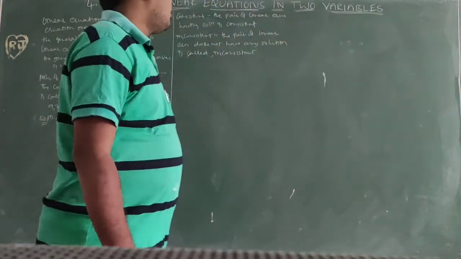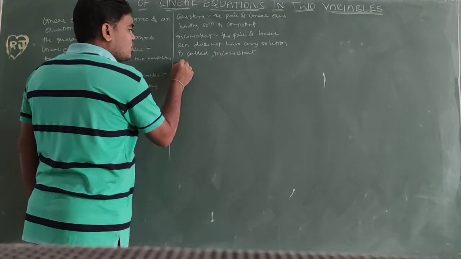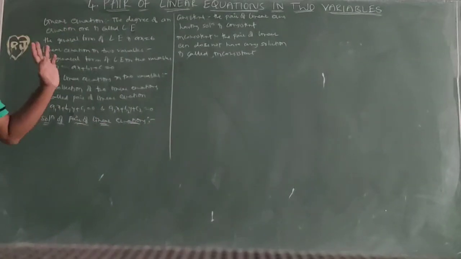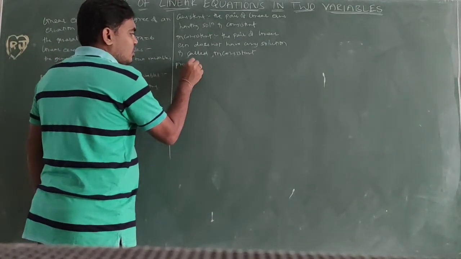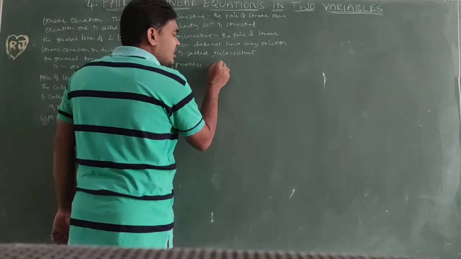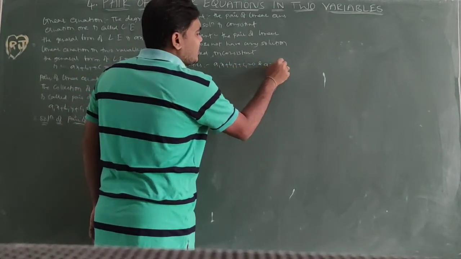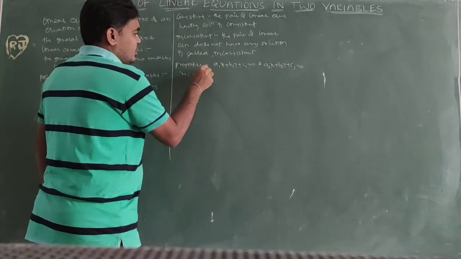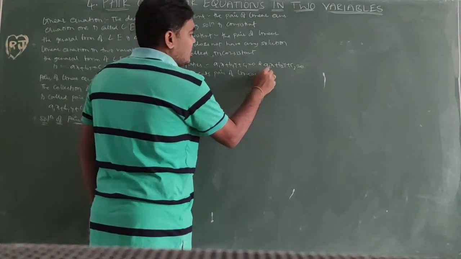So now the properties. First one: a1x plus b1y plus c1 equal to 0 and a2x plus b2y plus c2 equal to 0 represent a pair of linear equations.